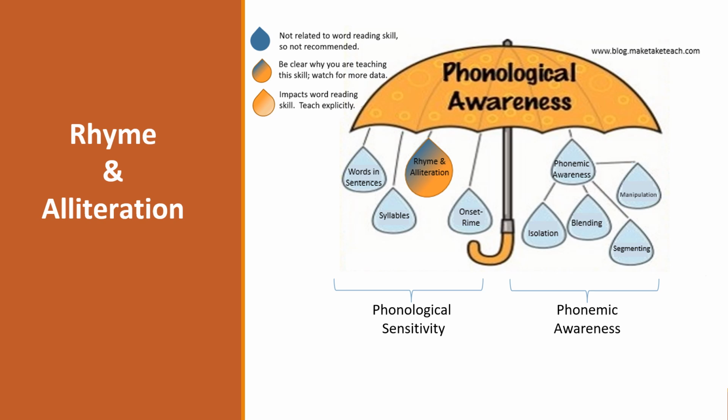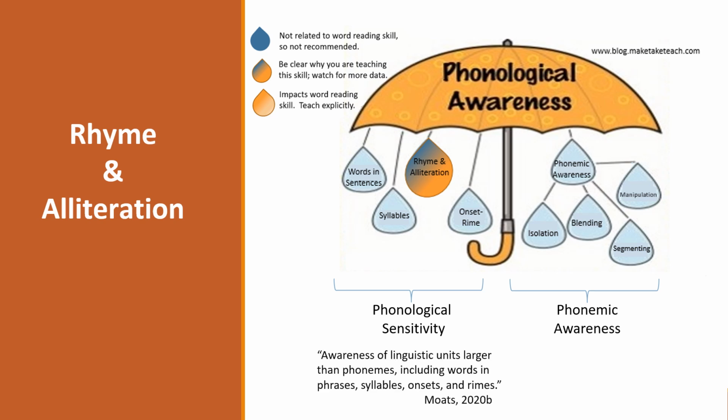She wrote, "Phonological sensitivity is now the preferred term for awareness of linguistic units larger than phonemes, including words and phrases, syllables, onsets, and rhymes. This term can be used to describe early developing precursors of phoneme awareness and the goals of instruction at that level. Rhyming activities, for example, may stimulate phonological sensitivity, but are not sufficient for teaching phoneme awareness."